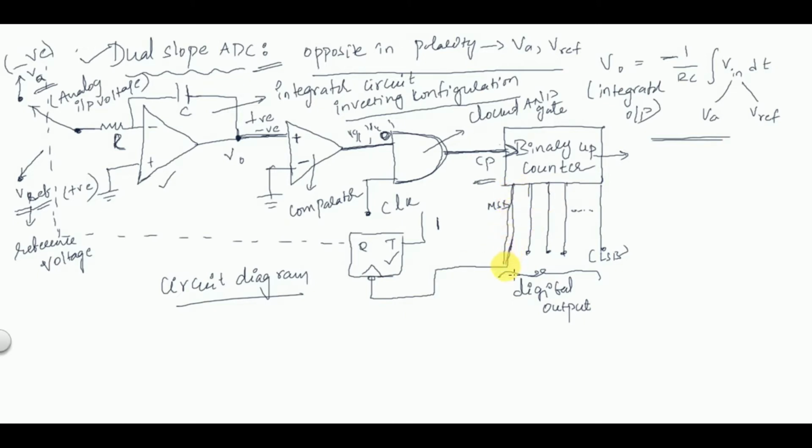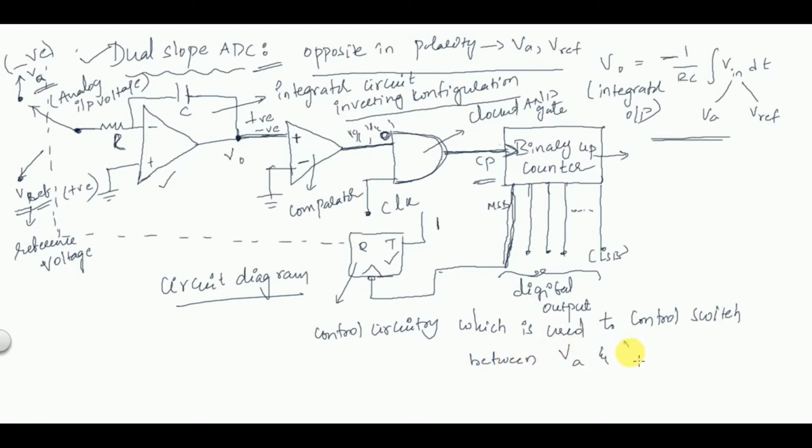The MSB bit of this counter is connected to a T flip-flop output. This is a control circuitry which is used to control the switch between VA and V reference.